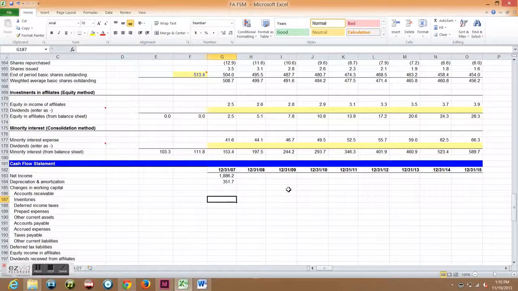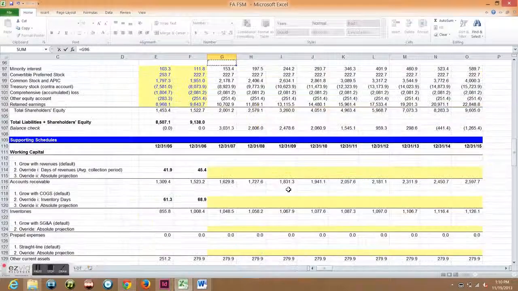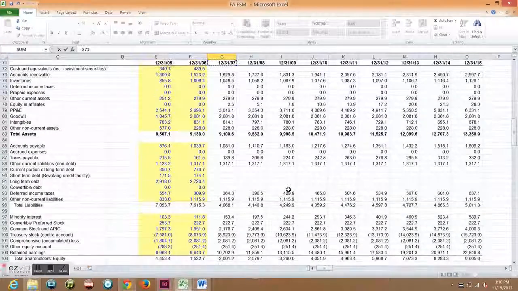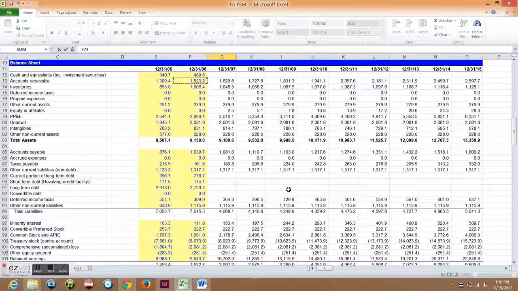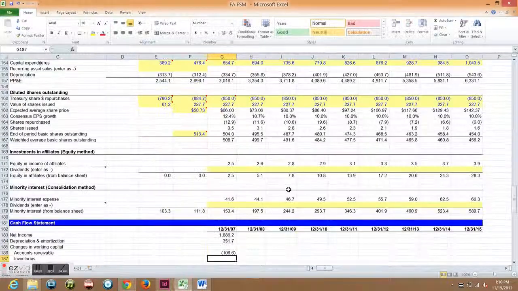The reason we do that is that the result is a negative number, so that means there's a cash outflow when it comes to assets. But with liabilities, it is a cash inflow, so the money comes in, so that's going to be a positive number. So with accounts receivable, we're going to take the previous year and subtract the current year.